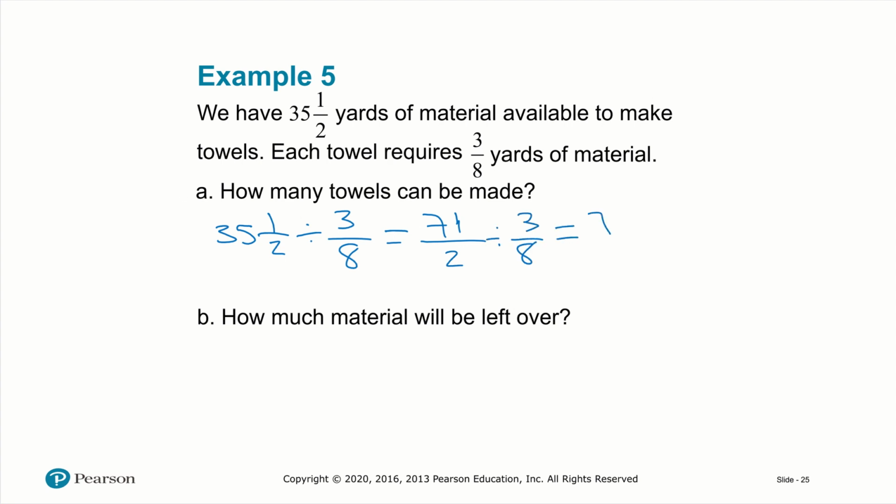Now we're going to keep the 71 over 2 and multiply by the reciprocal of 3/8, which is 4/3. So when we do that, the 2 and the 4 cross cancel to give us 4 on the top, and we go ahead and use a calculator now.